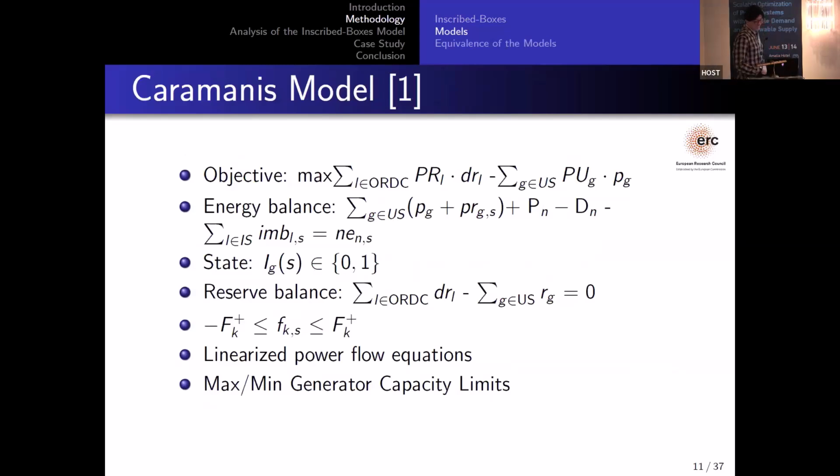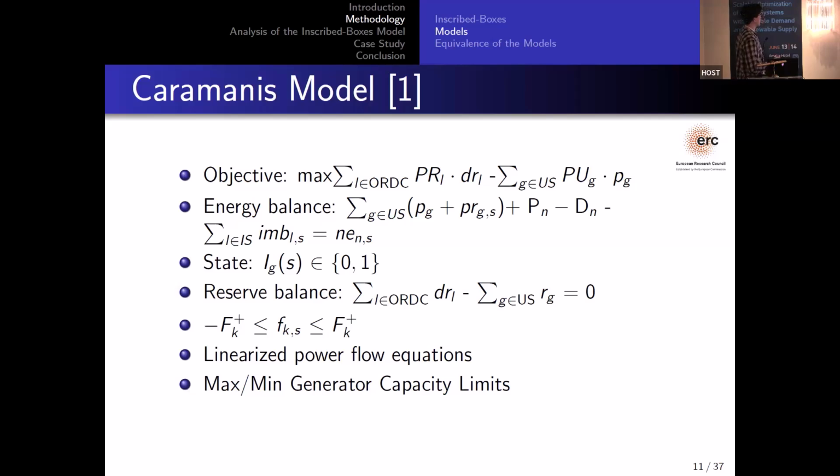Now I'm going to introduce the two models that we managed to match one-to-one for radial networks. First is Professor Karamanis' model. What is very interesting in this model is the state variable I, which states if a generator in the network activates or not its reserve for each scenario S. The objective function is a very simple maximization of social welfare function.